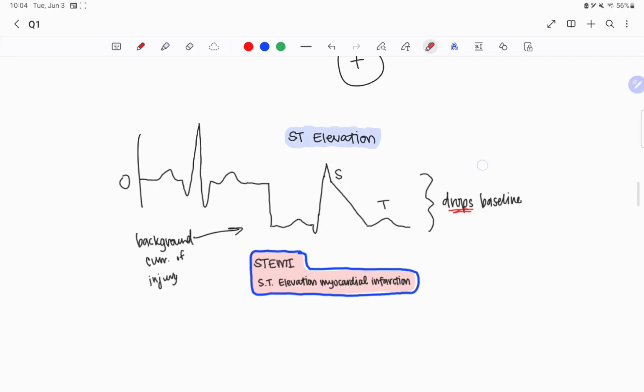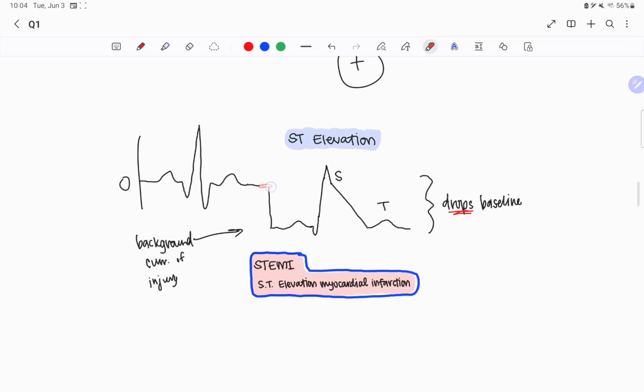So then what we're going to see is a fall from the baseline, lowering the baseline. Okay. So then we're going to have our normal ECG. It's going to come up here. And then our S wave is going to stop at the previous baseline, okay? And then we're going to see a big drop down to our T wave. And that's why it's called an ST elevation, because S is now above T.